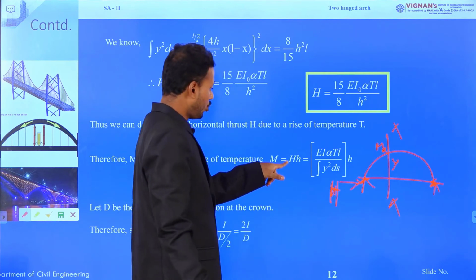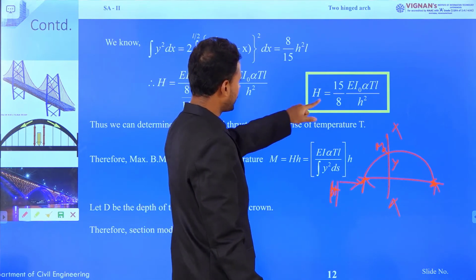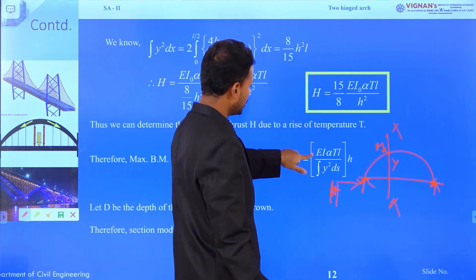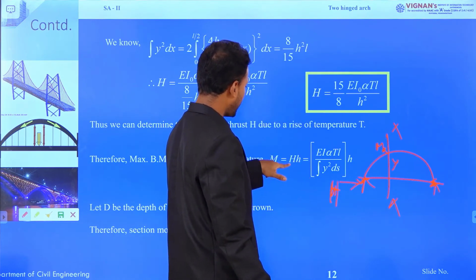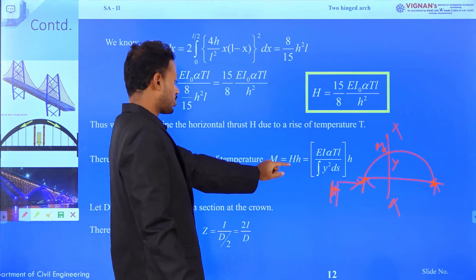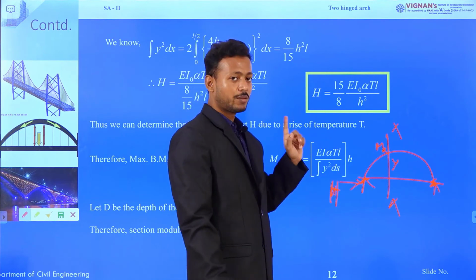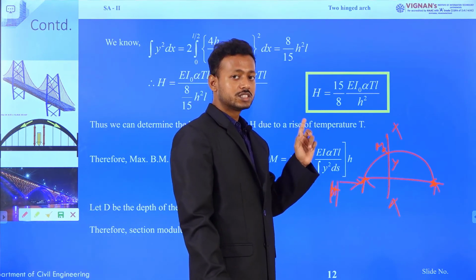So, we will put the value of H. We have evaluated the value of capital H, we will put here, and the value of h we will put here. Say we will find out the maximum bending moment for parabolic arch and for semicircular arch.